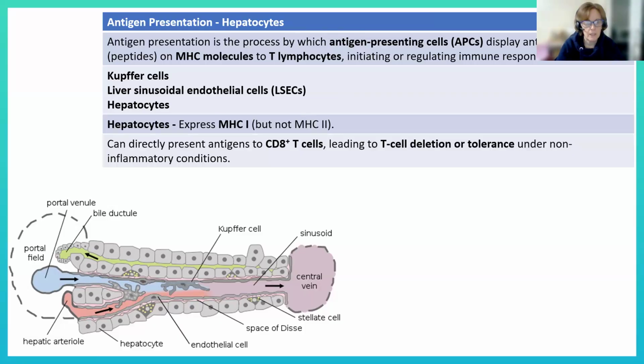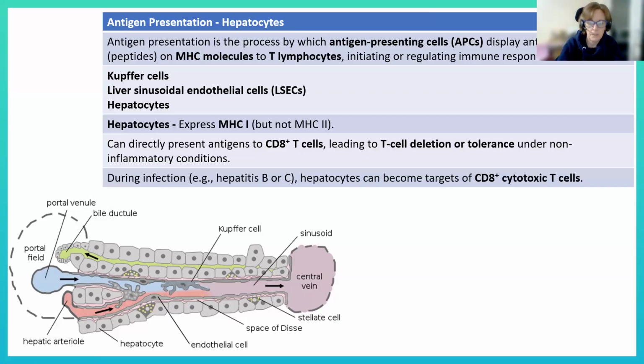So they can directly present antigens to these specialized T cells, and this will lead to T cell deletion or tolerance in non-inflammatory conditions. What that's saying is, if there's no need for a big response, it will be kept calm by deleting these T cells if they're not needed.